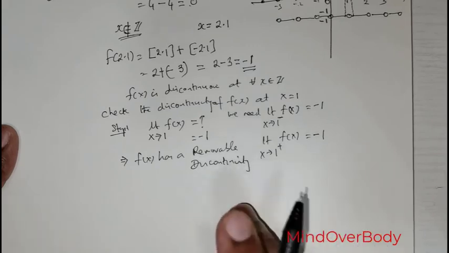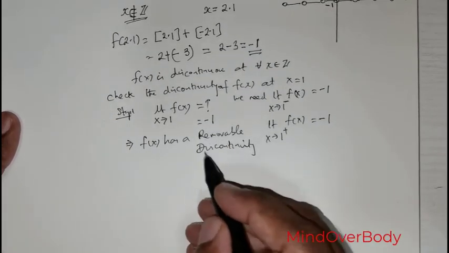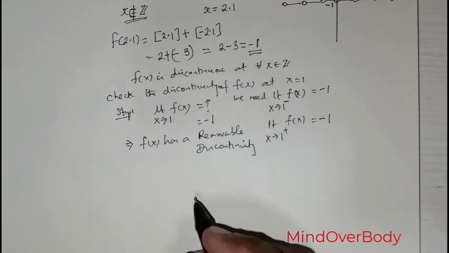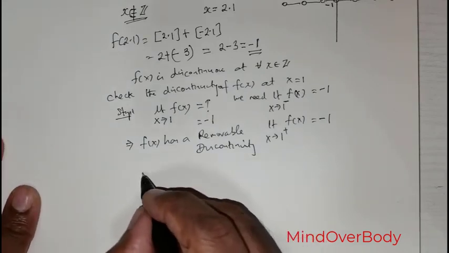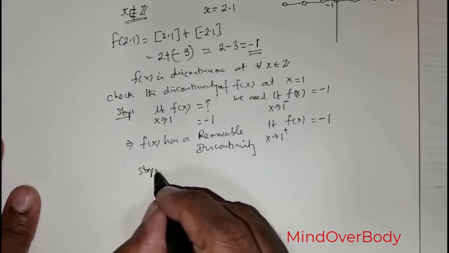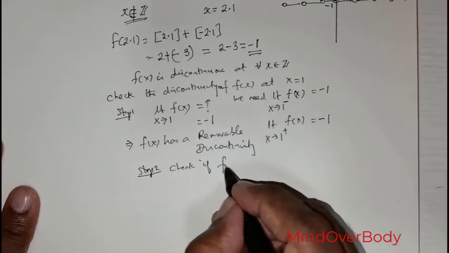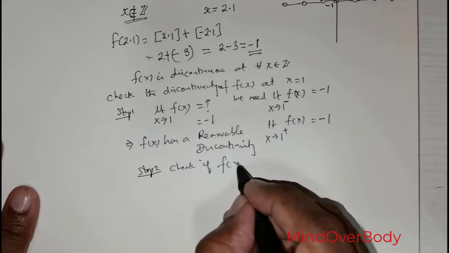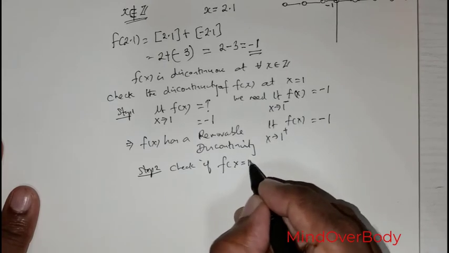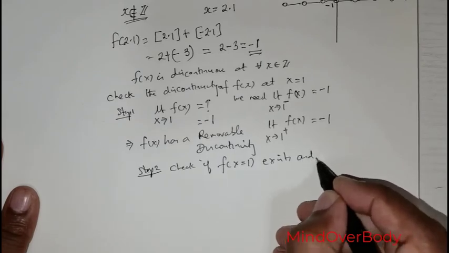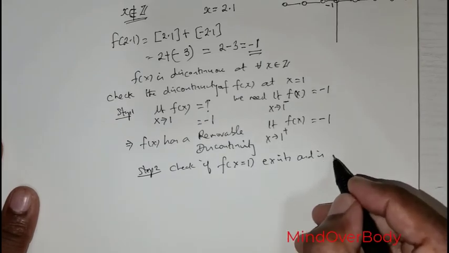Now, after finding this out, we need to find out what type of removable discontinuity it has. That's important, right? So for that, we need to check if f of 1 exists and is defined.